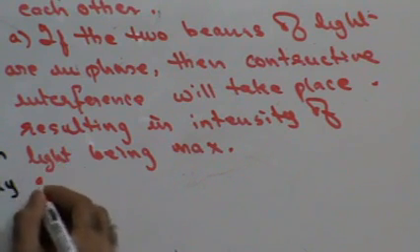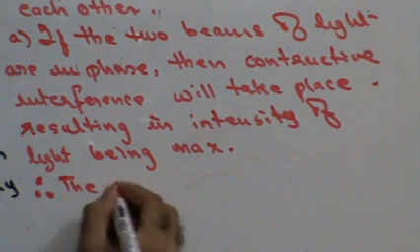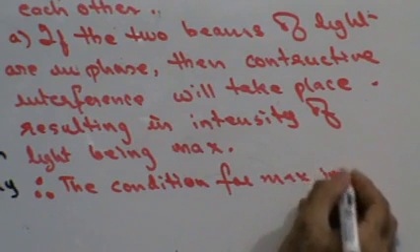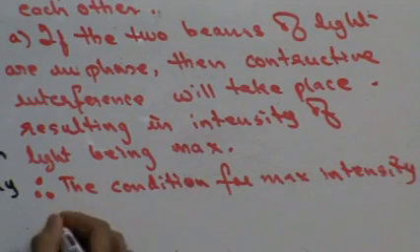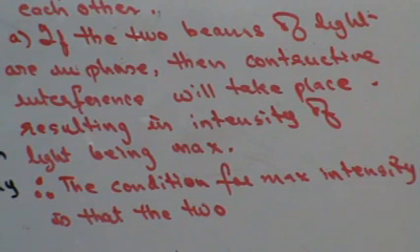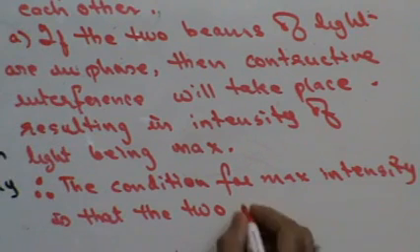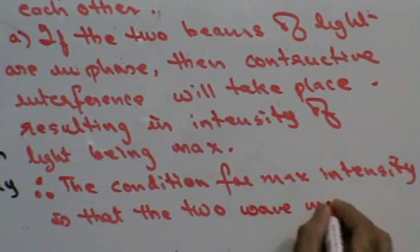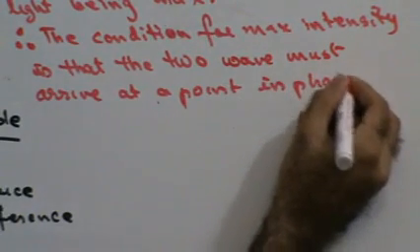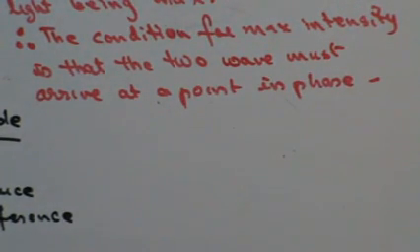I can say therefore the condition for maximum intensity is that the two waves must arrive at a point in phase, right? Now, if they are in phase, that means the phase difference between them has to be zero. They will be in phase if the phase difference between them is zero.